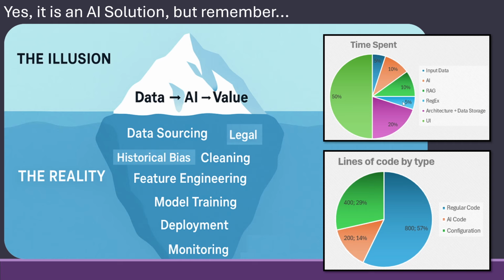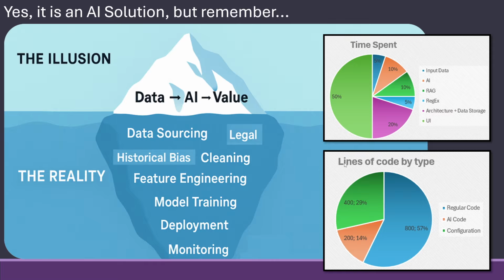I used 5% on the regex, the fake AI. I used 20% on the architecture. I wanted to choose how I should do this so it works easily in the next year and so on. So I spent a lot of time on that, and then about half the time was the UI, the Blazor part.